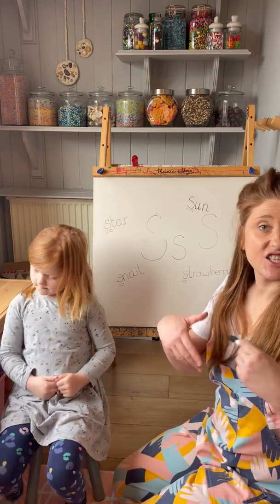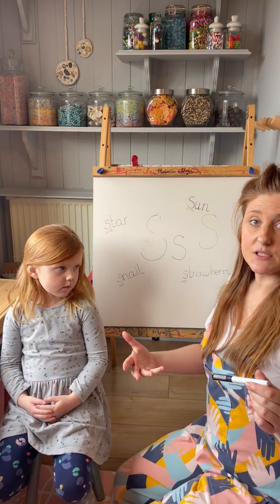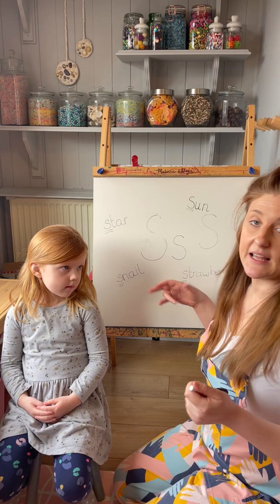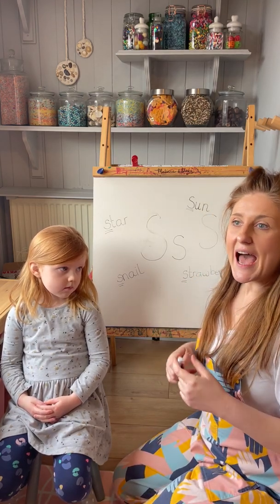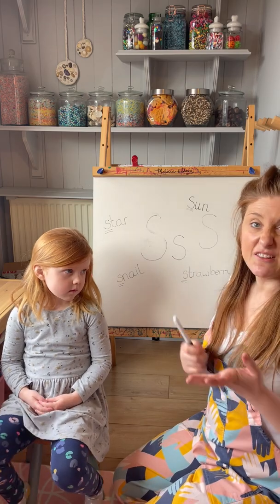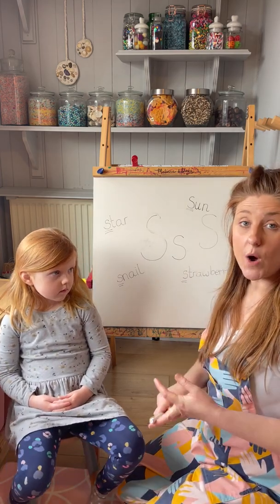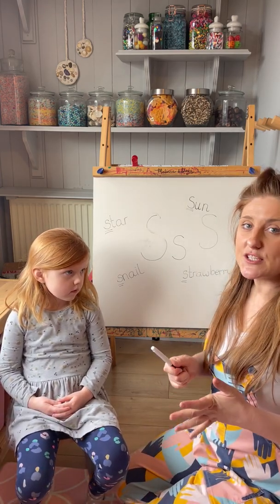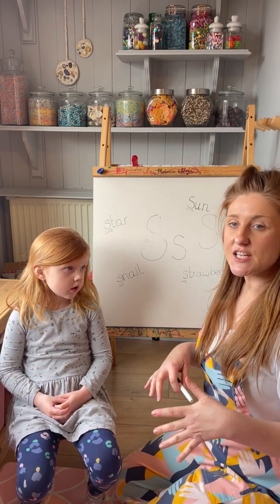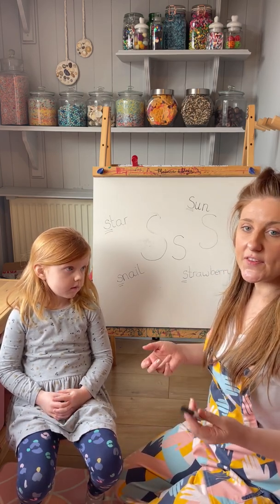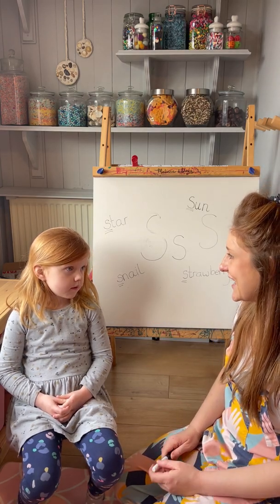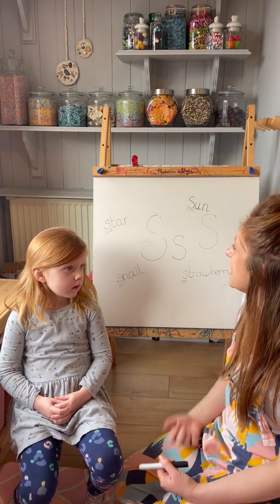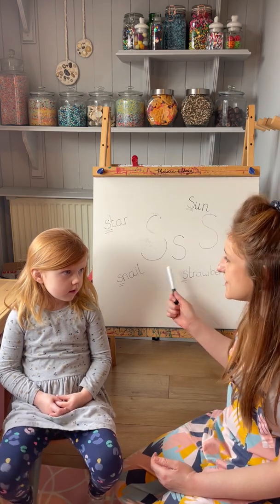Okay, so that is just how you would introduce any sound. It doesn't matter if it's a single sound like this or a digraph where you've got two letters that make one sound. Once you've practiced saying the sound and writing the sound and thinking of some words that begin with that sound, you might want to go on a treasure hunt around the house and see if you can find some objects that begin with that sound. So Imi, can you think of any objects that we might find that begin with a sound?